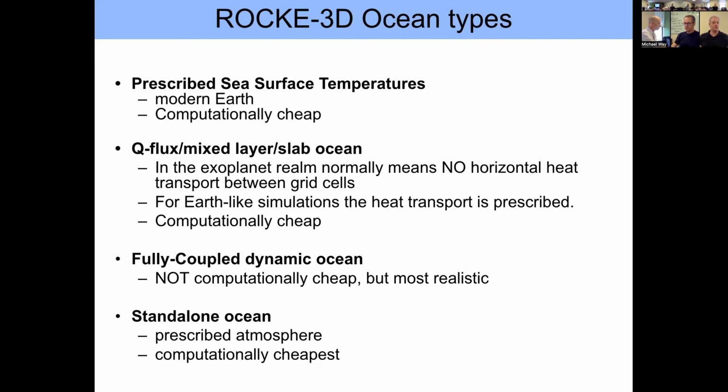That's the only information that your dynamic atmosphere is going to get from the ocean at each time step. And while it's relatively computationally cheap, it doesn't give you a full picture of your climate system.